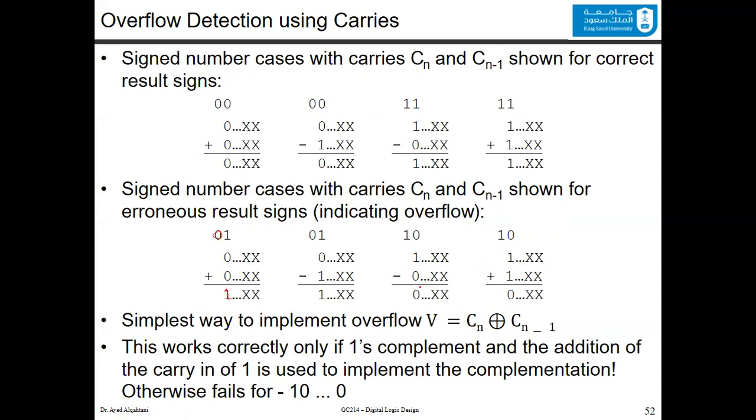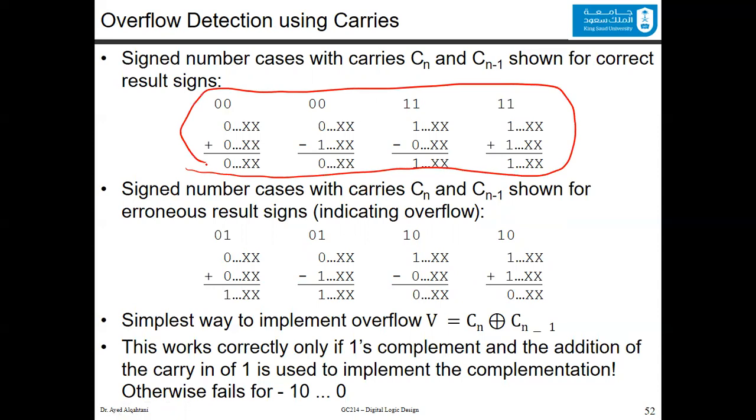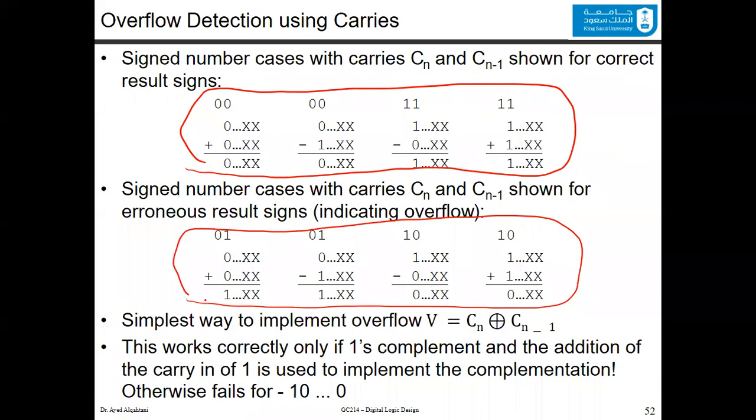Similarly, if you try to do the subtraction for those numbers, those are the generated carries. Now you can see that there is an overflow because when you compare the sign of the result to the sign of the first operand, they are different in all of these cases. So now we have those 8 cases where 4 of them give no overflow and 4 of them give an overflow.